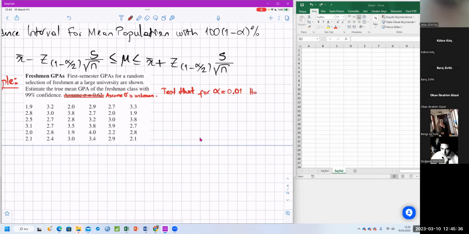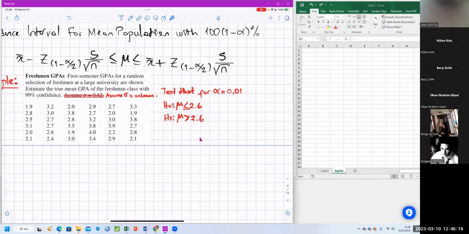The null hypothesis, you write it down: the mean GPA is less than or equal to 2.6, and the alternative, mu is greater than 2.6. The mean GPA is greater than 2.6. That's the claim. The claim and the judgment will always be in the alternative hypothesis.